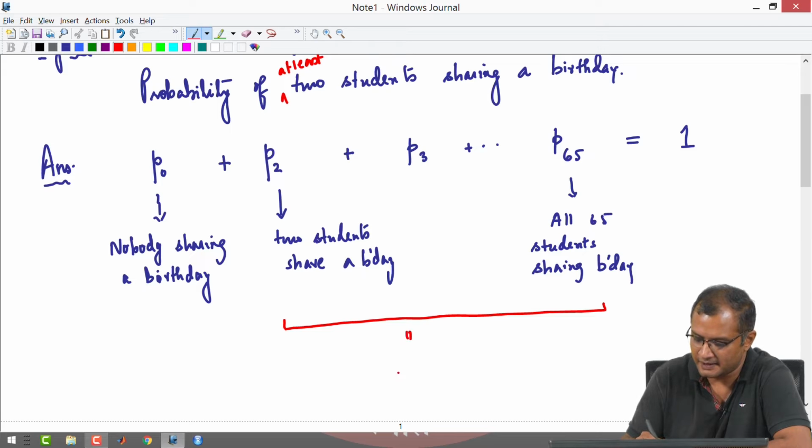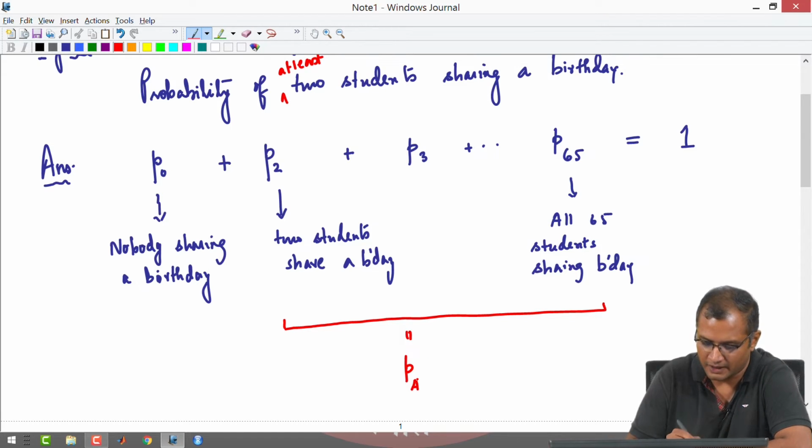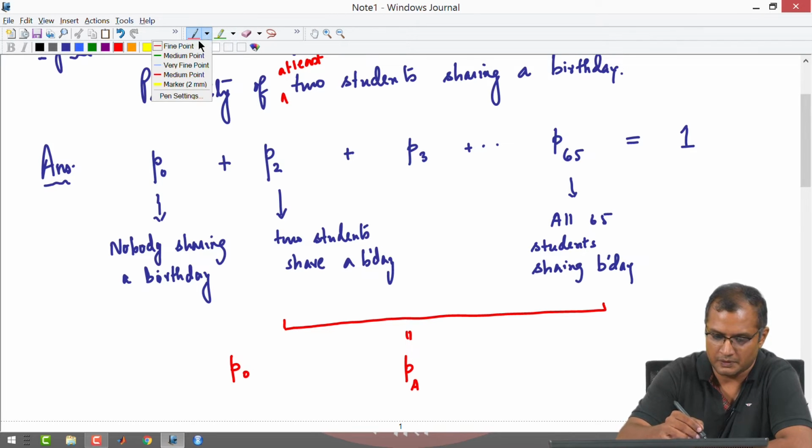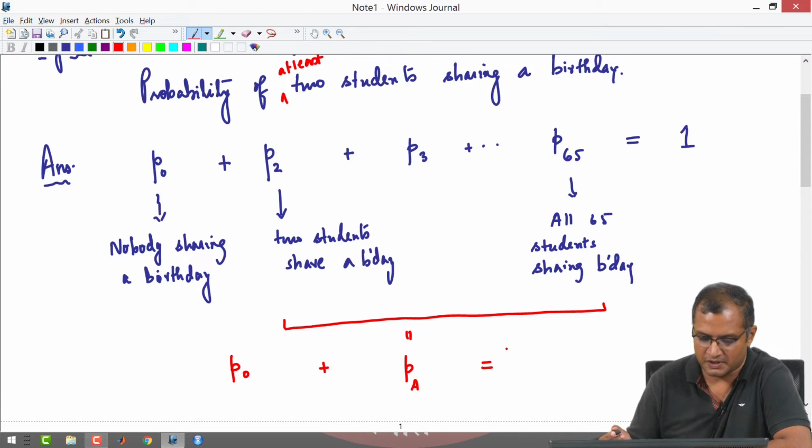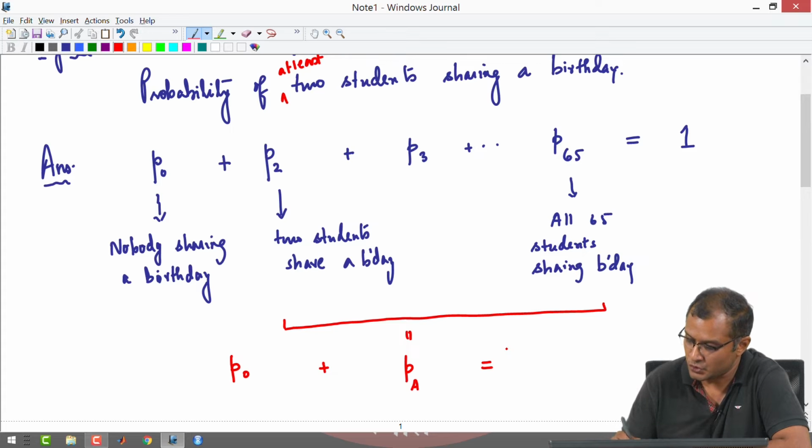So, this is basically my answer P of A, and I have P0, which is nobody sharing a birthday. So, P0 plus PA should be 1.